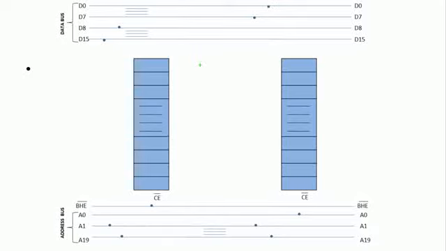How to calculate that? As the microprocessor is supporting the 20-bit address bus, we are able to access the 1 MB memory.